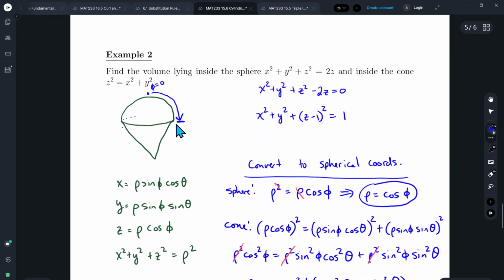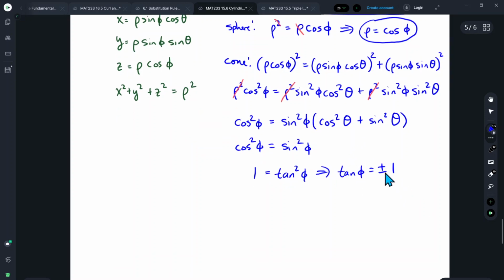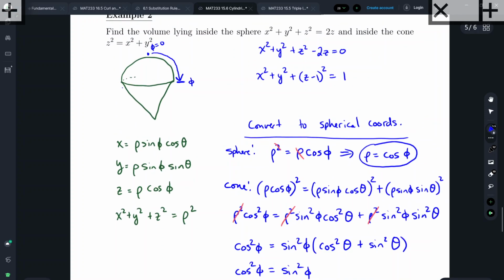Here this is less than, we don't reach the xy plane, right? So phi doesn't get to pi over 2, so here we can ignore the minus 1 and just solve tangent phi equals plus 1, and this tells me that phi has to be pi over 4. So this describes the cone, right? At this point here is where phi is equal to pi over 4. Okay, so this is going to describe the angle phi.